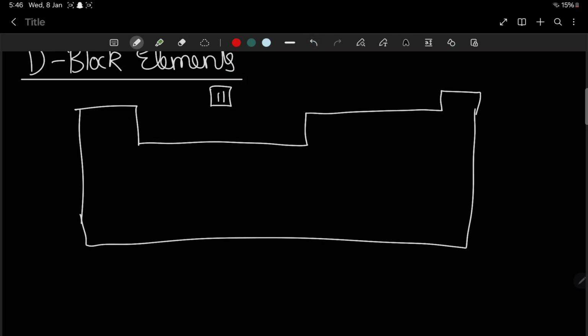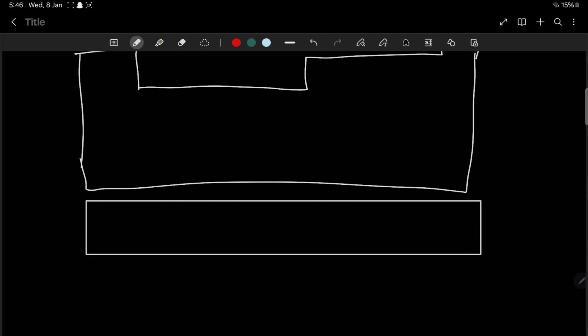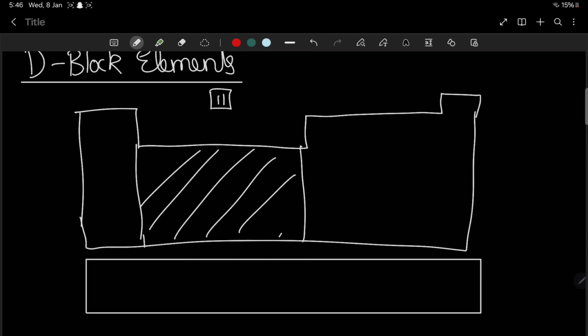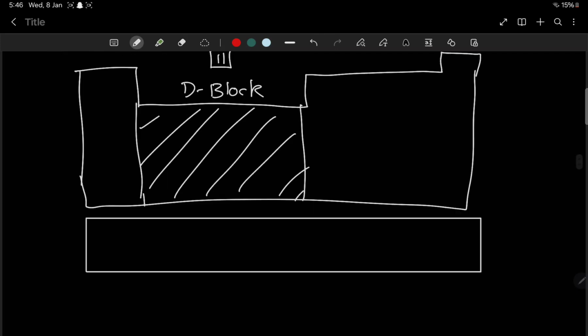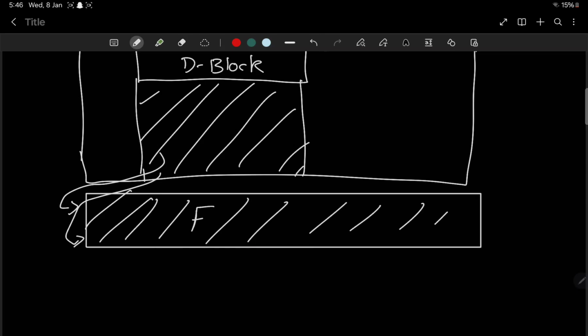Somewhat like this our periodic table looks, and we have the F block here. And the D block is placed here. This is called the D block, and the F block is placed below. You take an arrow like this and place it, this is the F block.